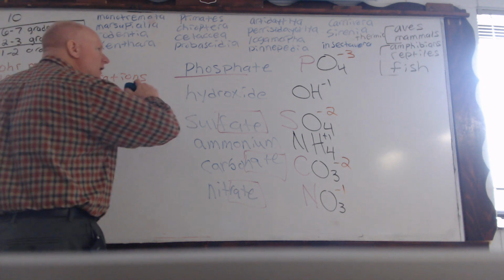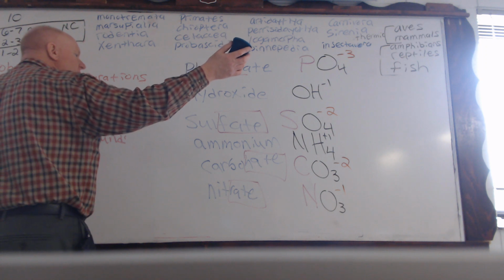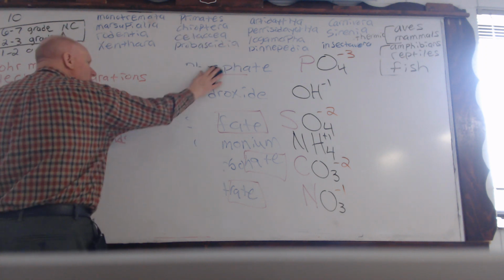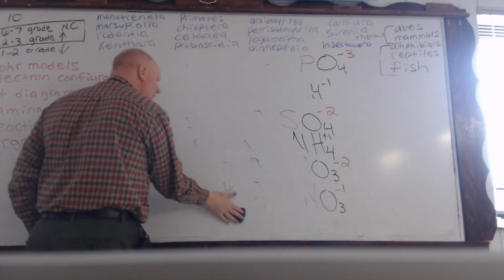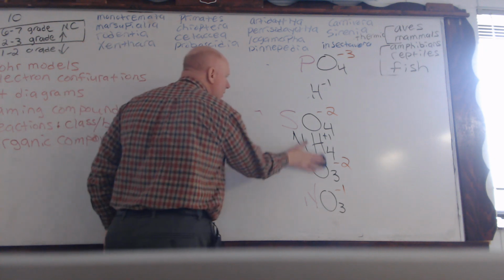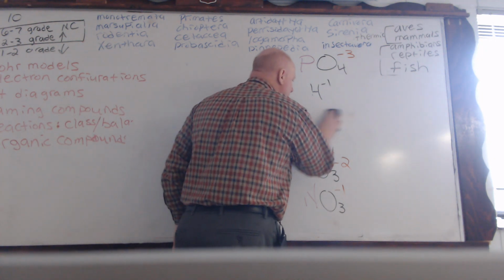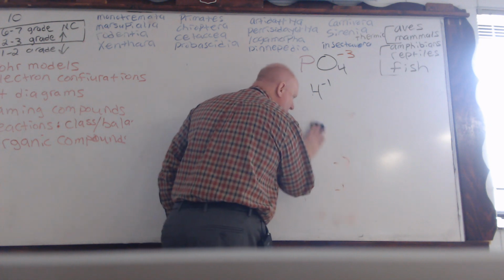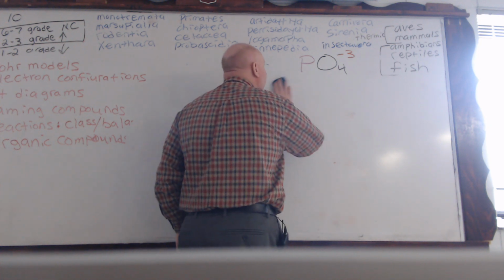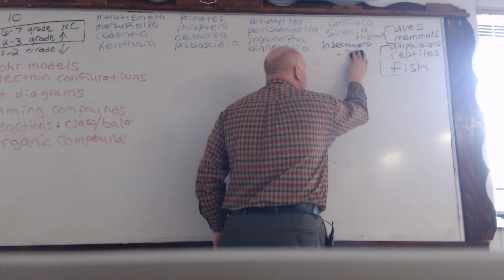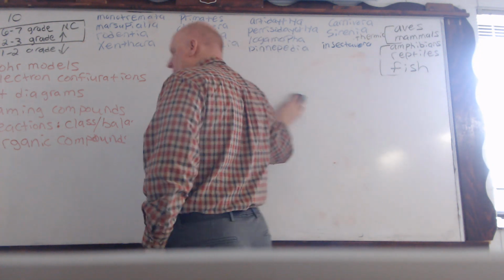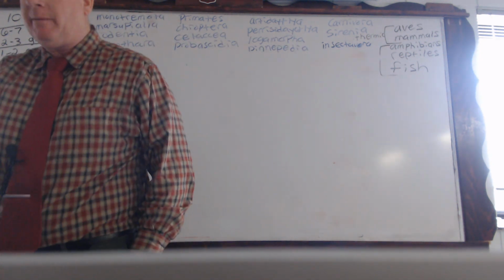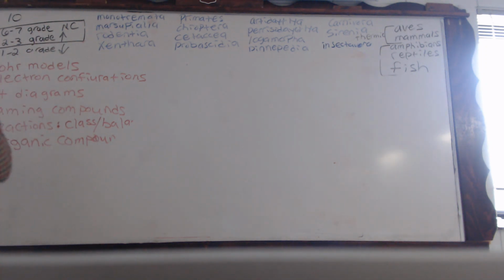Can we erase this? Yes. Okay. So, a monoatomic ion with a negative polyatomic ion. So what does monoatomic mean, first of all? Oh, I suppose you could say that, yes.